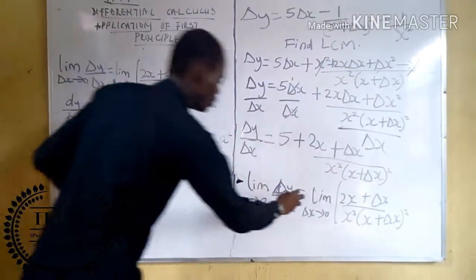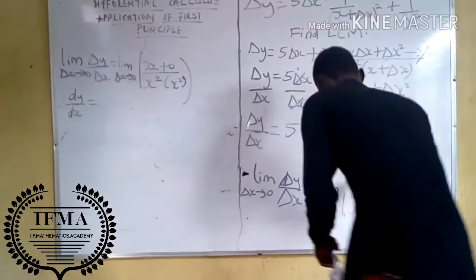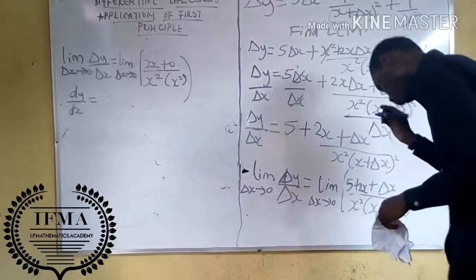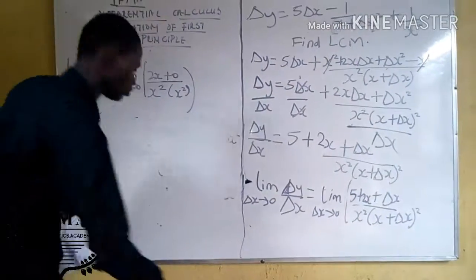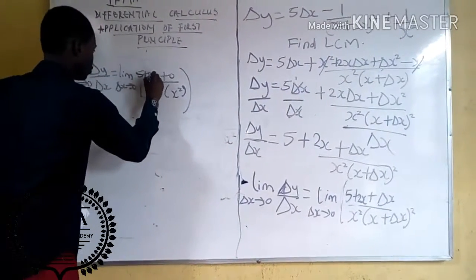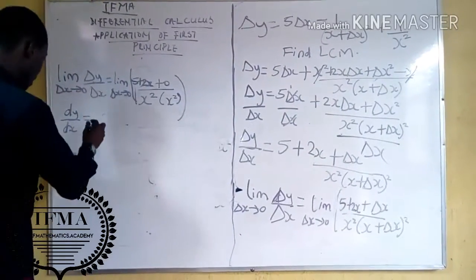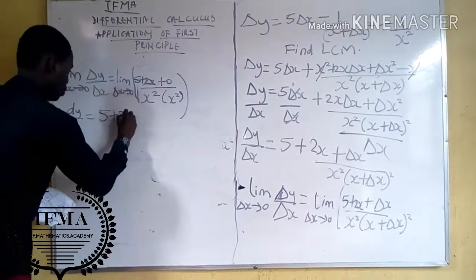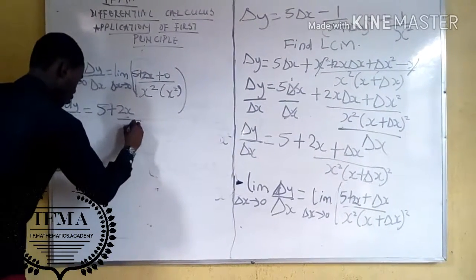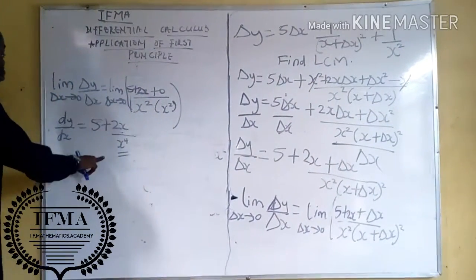I missed 5, so it's going to be 5 plus 2x. Therefore, this then becomes our dy dx.